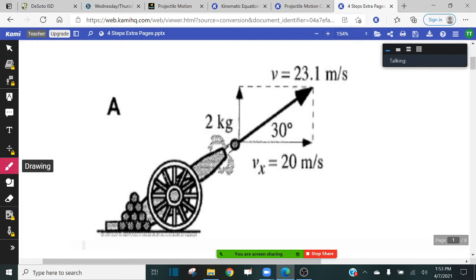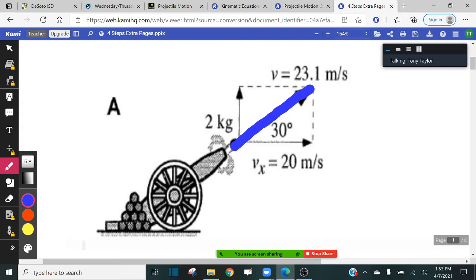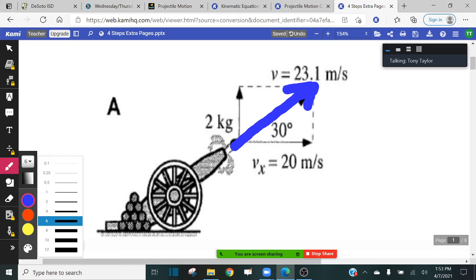So there we have the initial velocity of this cannonball. And guys, if you notice right here, they tell us that the initial velocity was 23.1 meters per second.